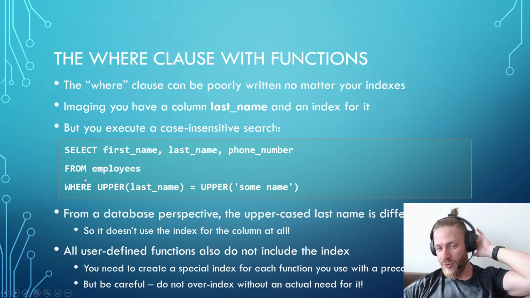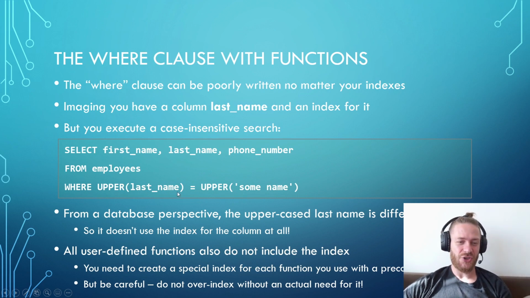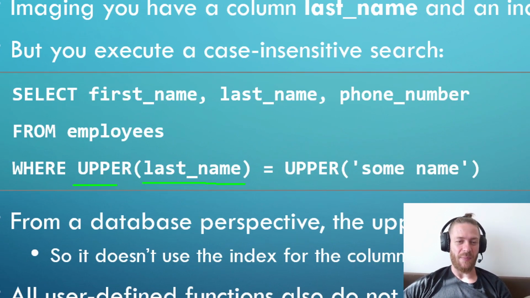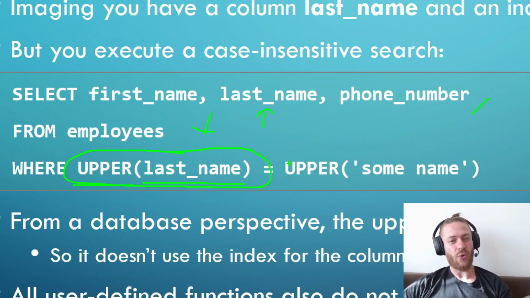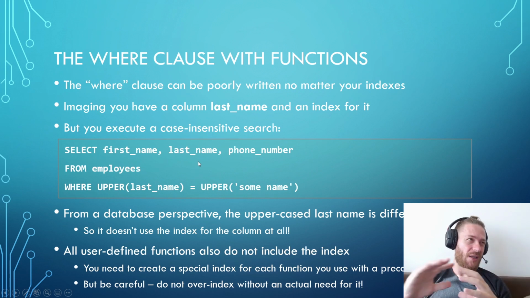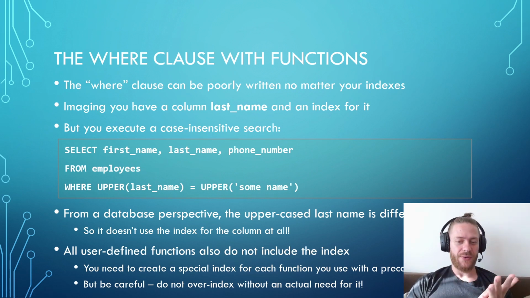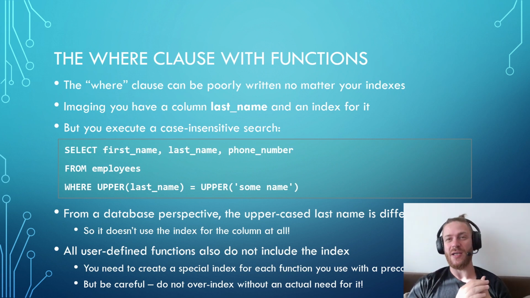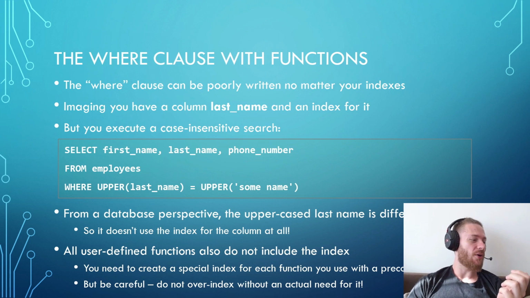So if we want to use the case-insensitive search for this last name upper, we need to create another column, which is upper last name, with pre-computed values on the last name column, and create an index for that. But be careful. Do not over-index. Do not create an index for every single pre-computed value you may have, because you may create too many indexes.